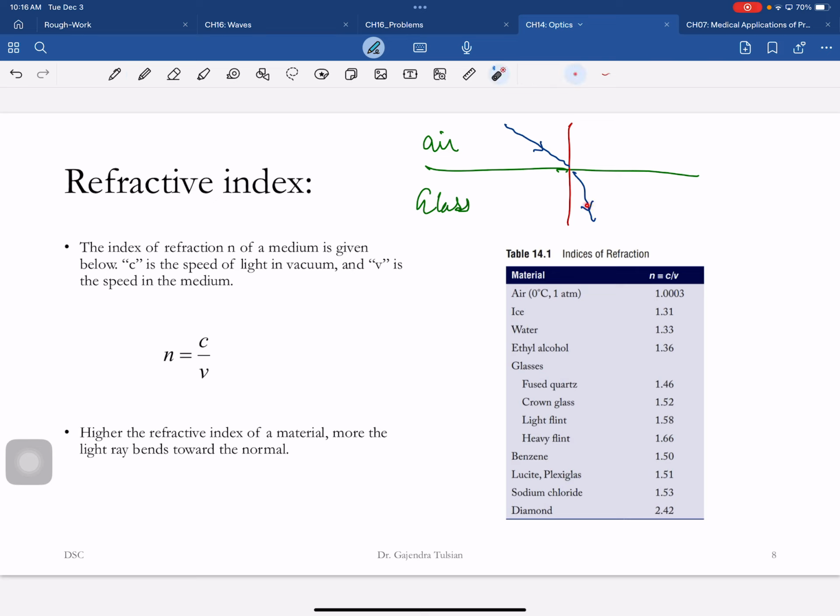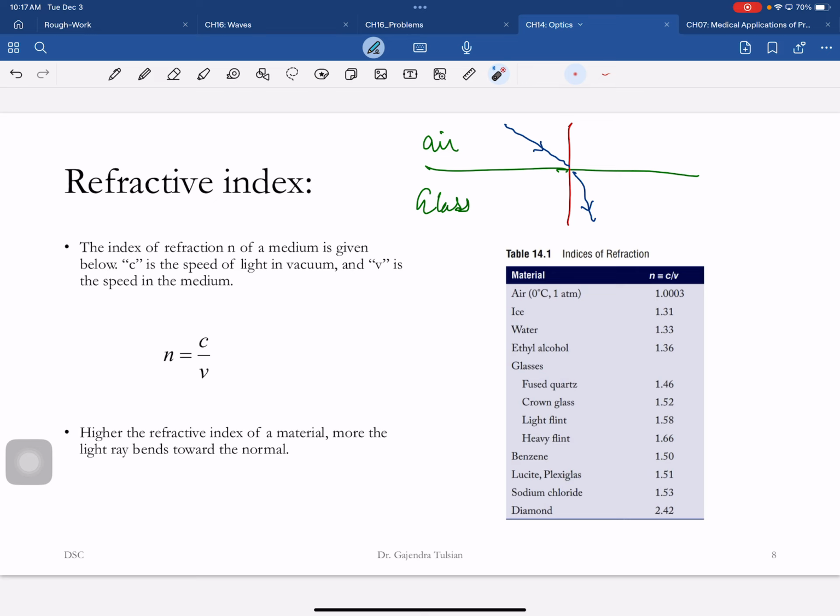Now the amount of bending will depend on how slow the light is moving in this medium. The slower it is moving, the more it will bend. And that is measured by something called the refractive index of the material. So this is the speed of light in vacuum. This is the speed of light in the medium. The slower it is moving in the medium, the higher the refractive index.